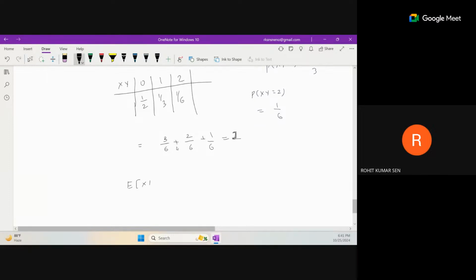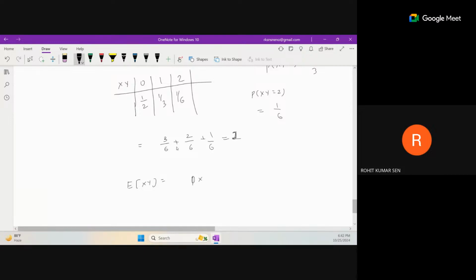What you need to find is the expected value of xy. The distribution is given. You just need to find the expected value. What are the possible values of xy?